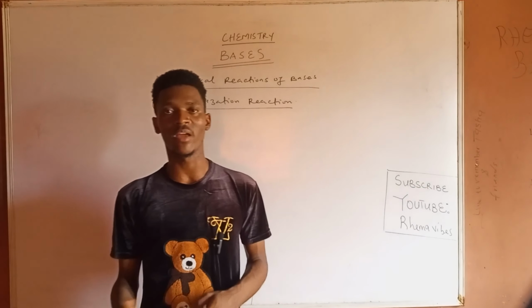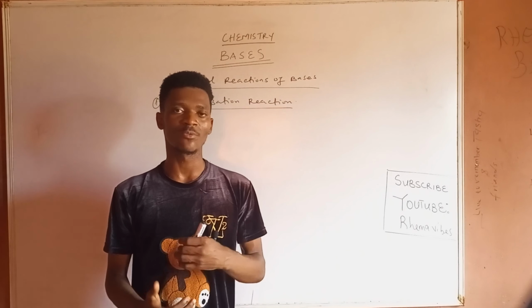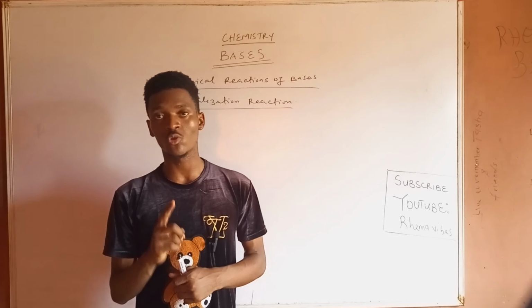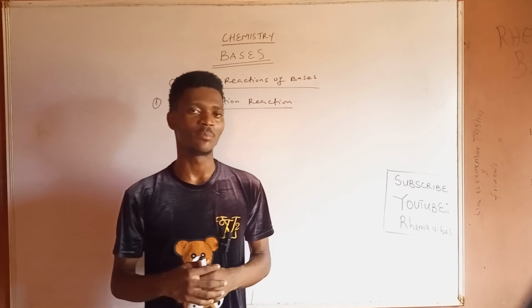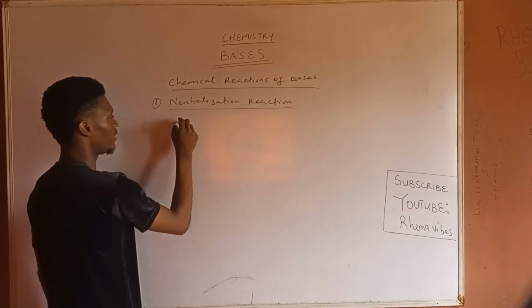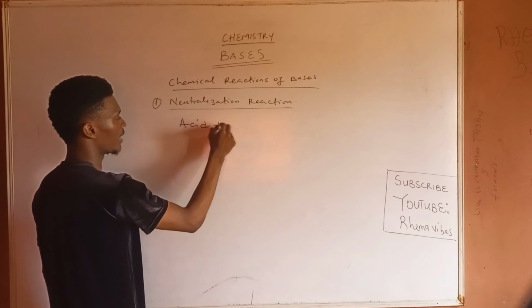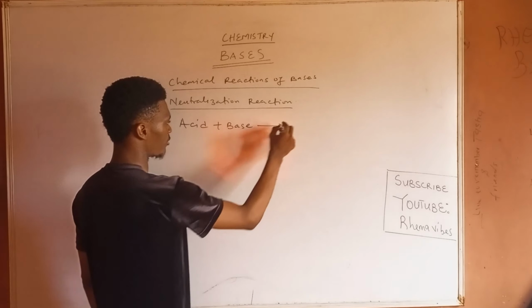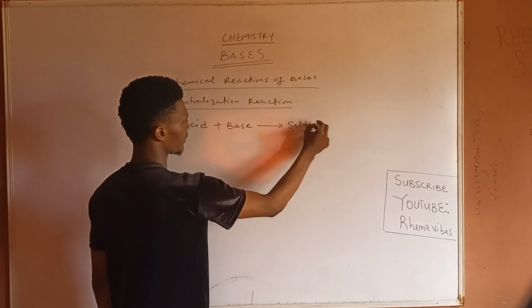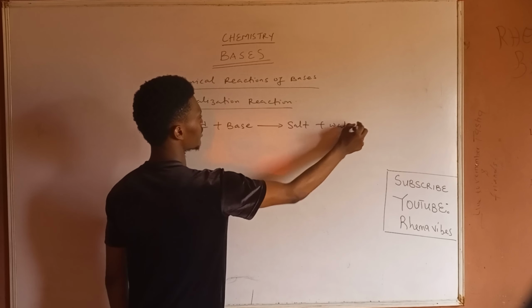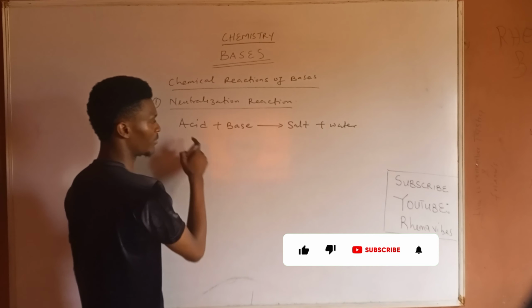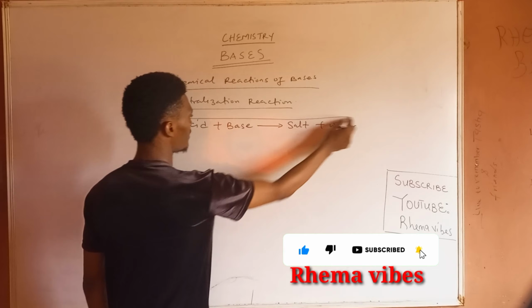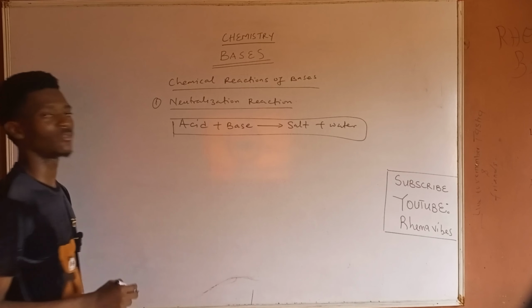Now it's simply a reaction between an acid and a base to form salt and water only. And don't forget, the reaction is usually irreversible, meaning that when you have a reaction between an acid and a base, it only proceeds in one direction, forming salt and water. So it means that salt and water cannot be combined to form acid and base. So this type of reaction is termed neutralization reaction.